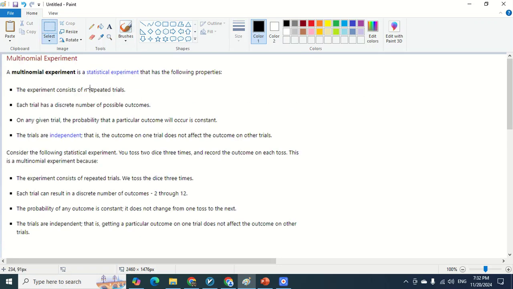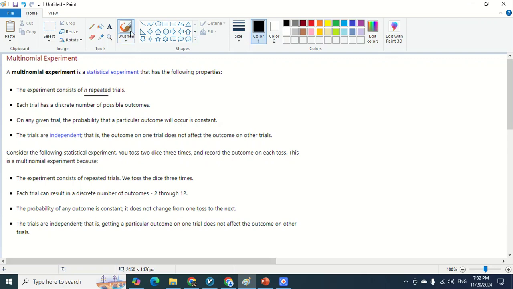Indeed, a multinomial experiment is a type of statistical experiment with the following properties. Again, we have trials over here. The experiment consists of n repeated trials.